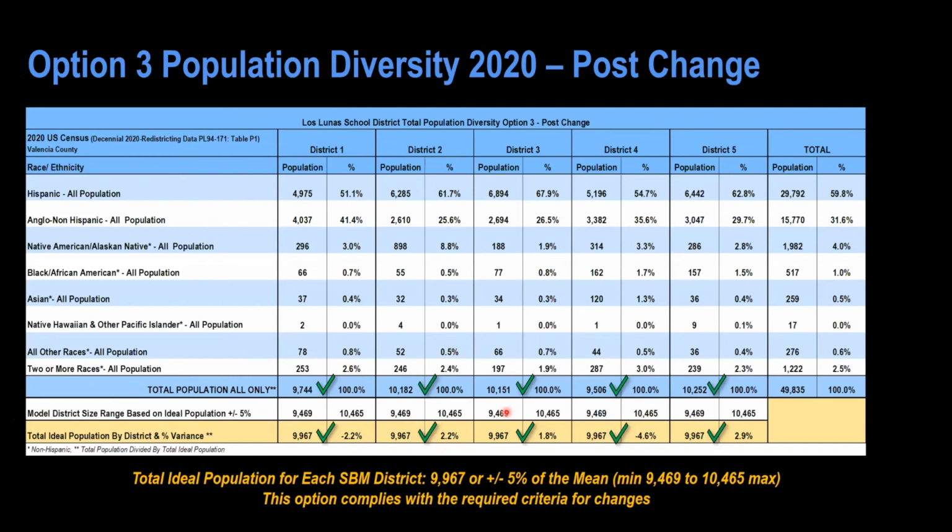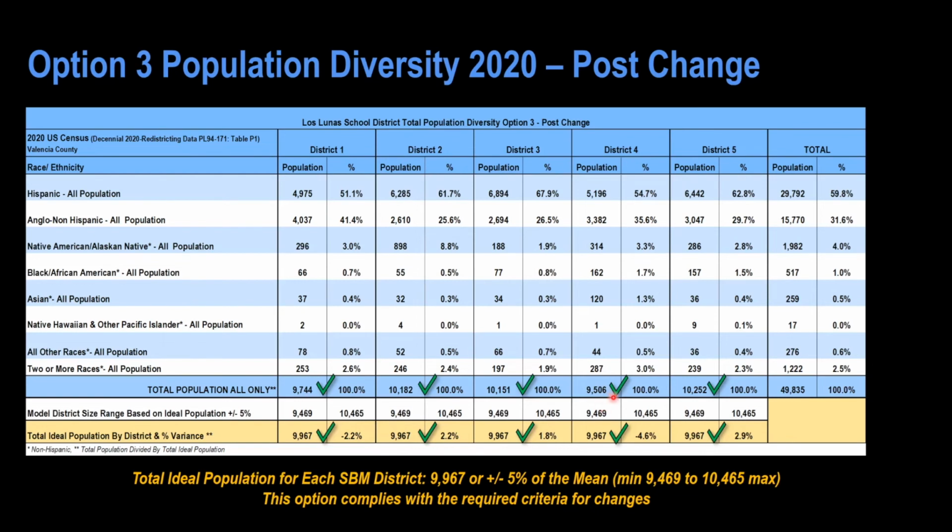So when we double check our numbers and we look at District 1 at 9,744 against our ideal of 9,969, we are slightly below that by 2.2%. District 2 at 10,182 is above that by 2.2%. District 3 at 10,151 is above that by 1.8%.